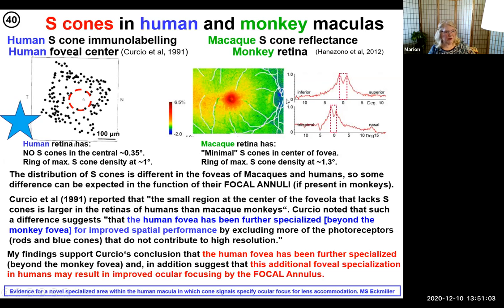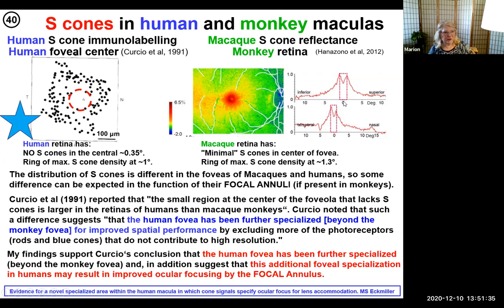Here is the optic nerve, and here is color-coded the reflectance from S-cones in the monkey macula. And here, from that monkey, is the quantification of the reflectance from the S-cones, which indicates how many S-cones there are and where they are as a function of eccentricity: inferior, superior, temporal, nasal.